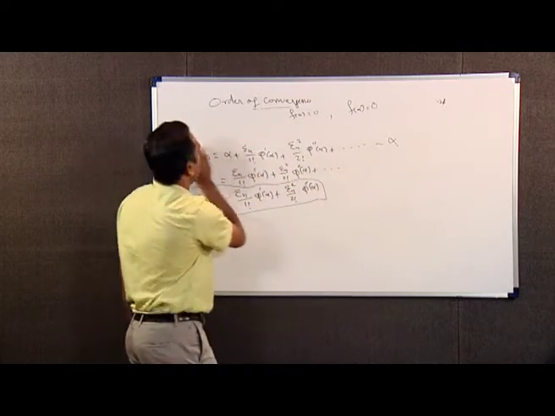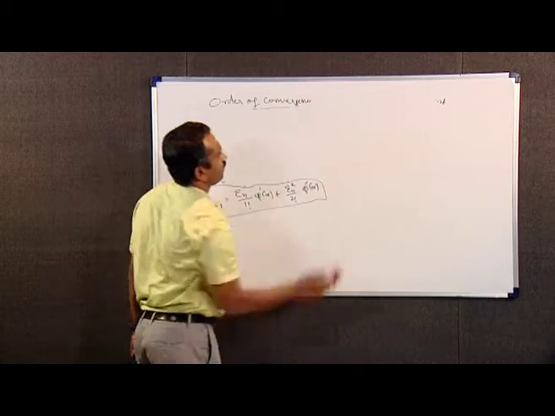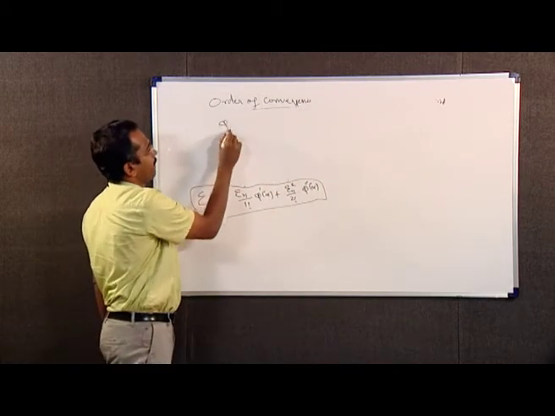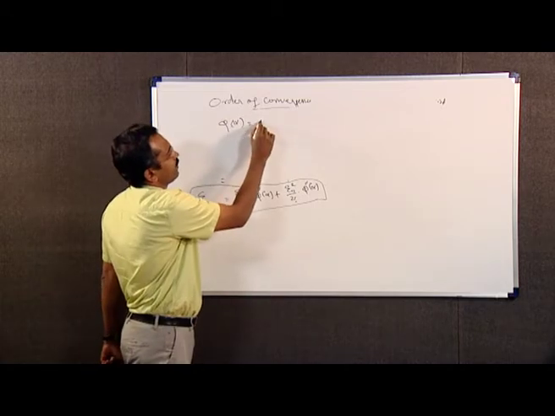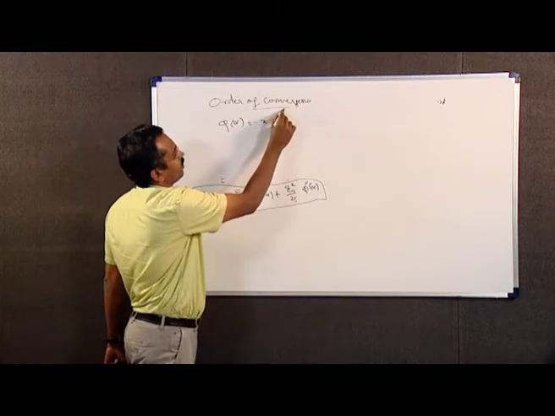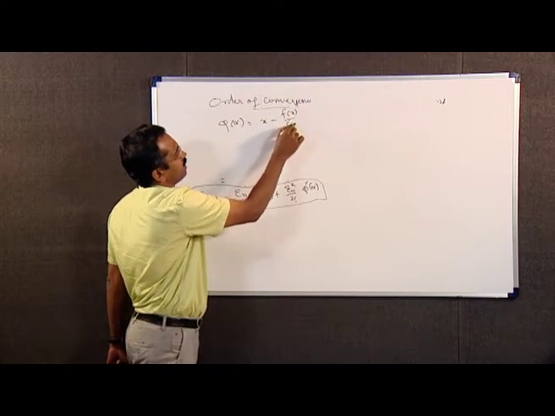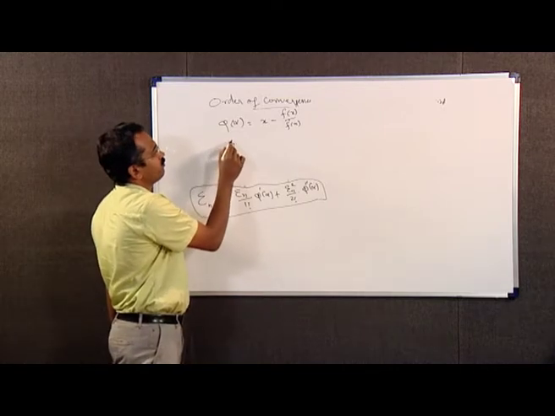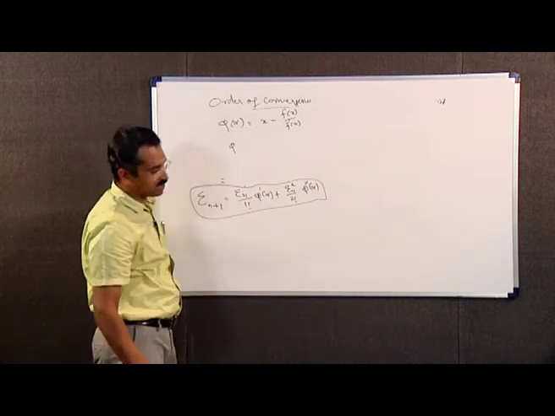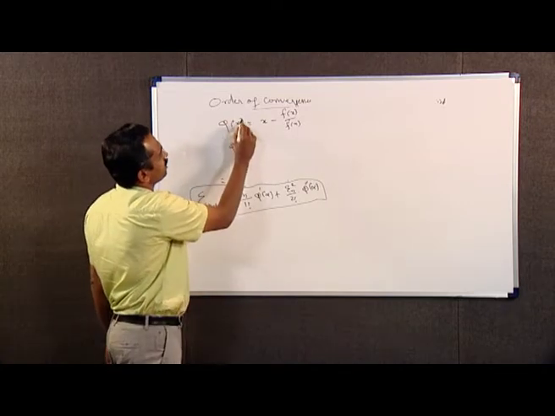Here phi of x is equal to x minus f of x divided by f dash of x.